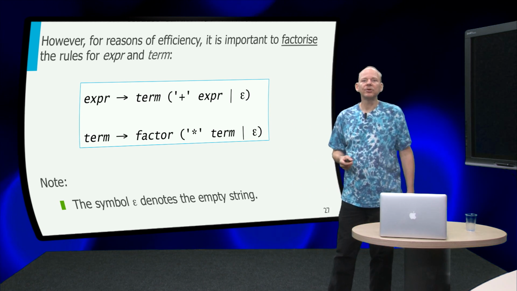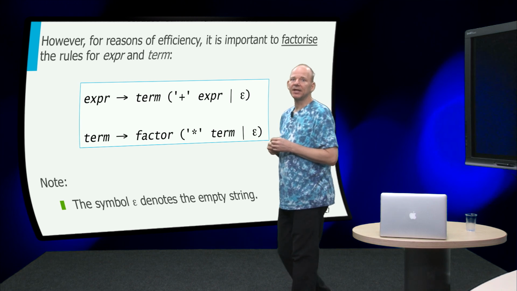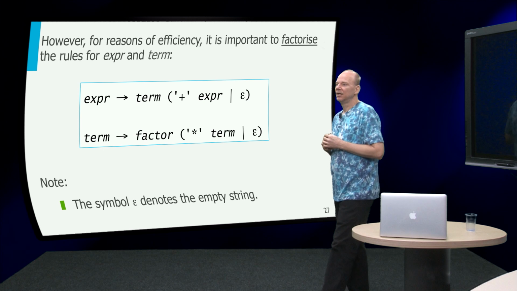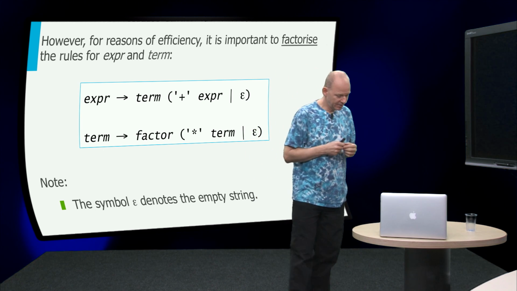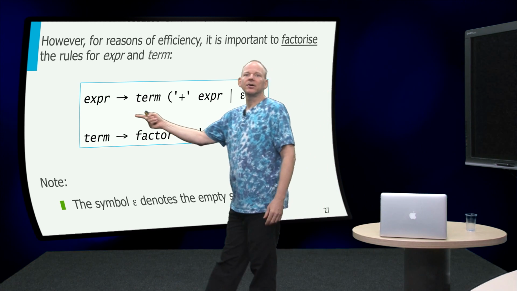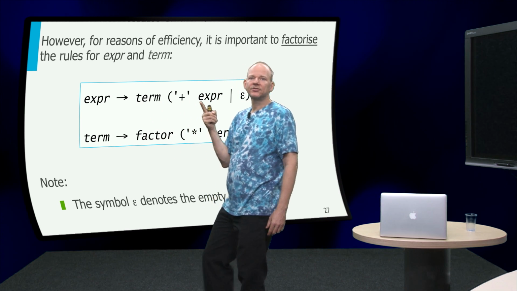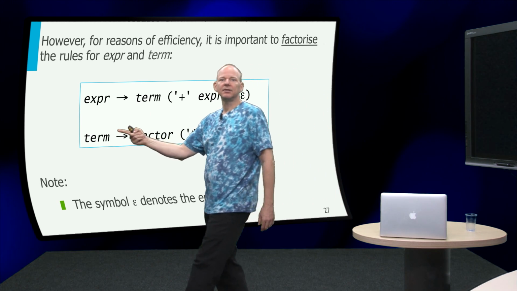Now, what we're going to do is massage this grammar a little bit. And again, it's also very common. Every book on compilers will do this, and often grammars are defined like this. So the way we'll do it is saying, an expression is a term followed by plus and an expression, or the empty string, or epsilon.